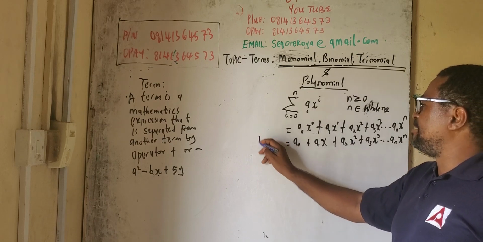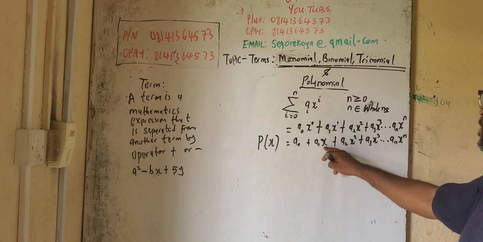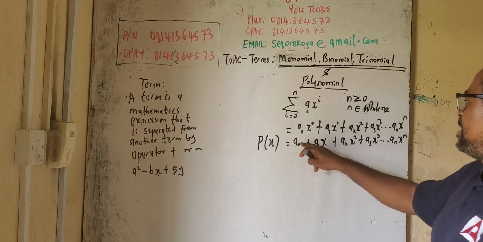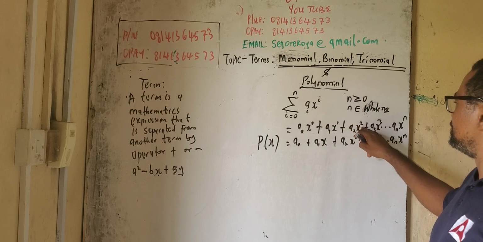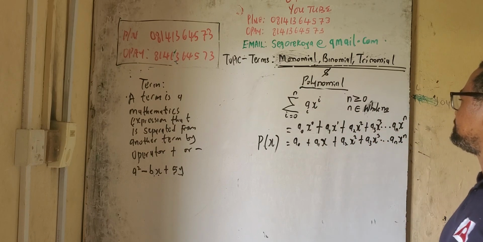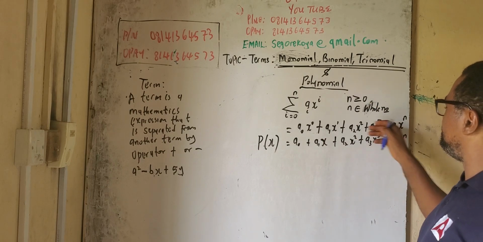This is an example of a polynomial. In this case, the power of x is increasing. Here the power of x is 0, 1, 2, 3, increasing up to n. So I can rearrange this in decreasing powers of x.